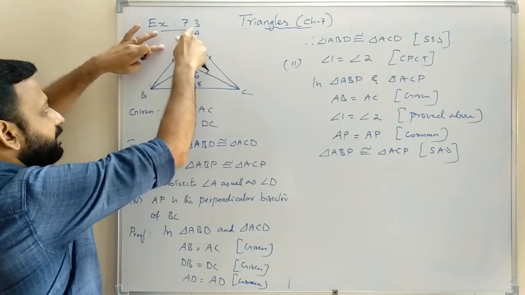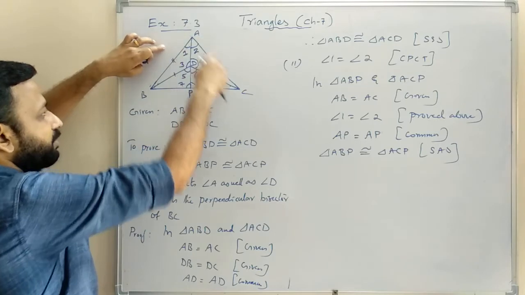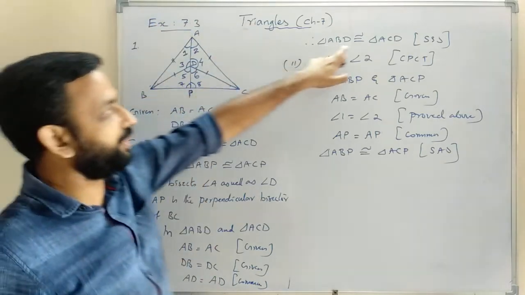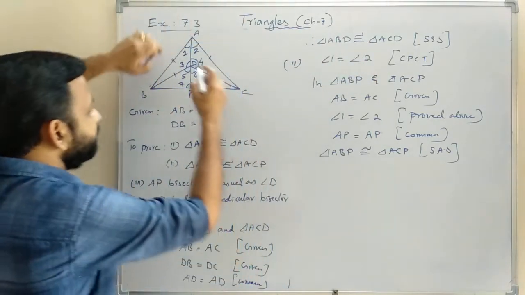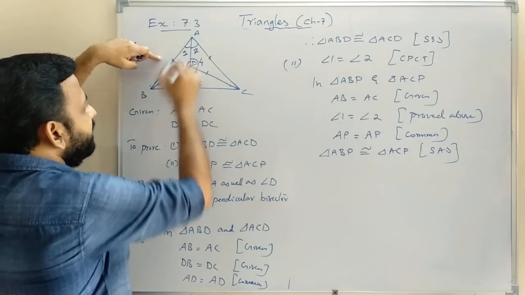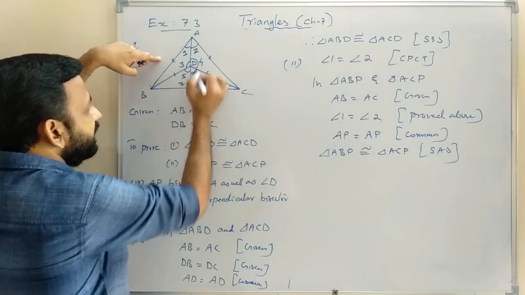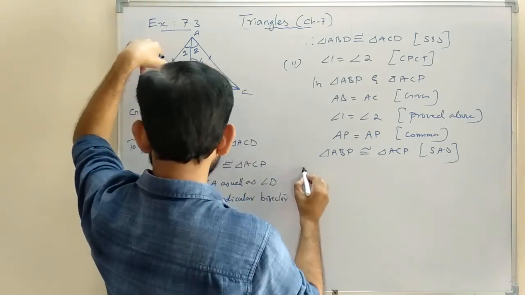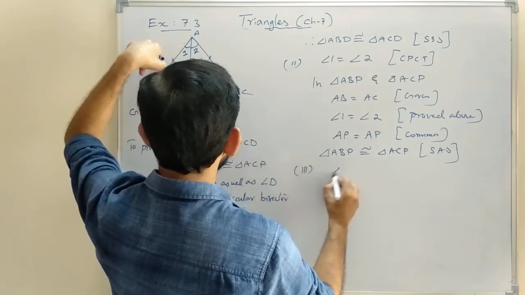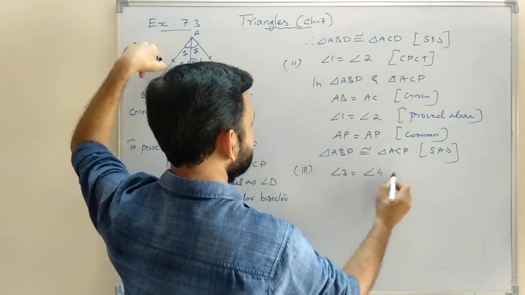So triangle ABD is congruent to triangle ACD. We already proved this. Therefore, if the two triangles are congruent, these two angles are equal. Angle 3 and angle 4 are equal. So we will start the third part from here. Angle 3 equal to angle 4.